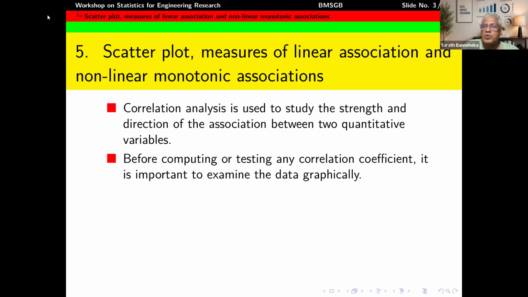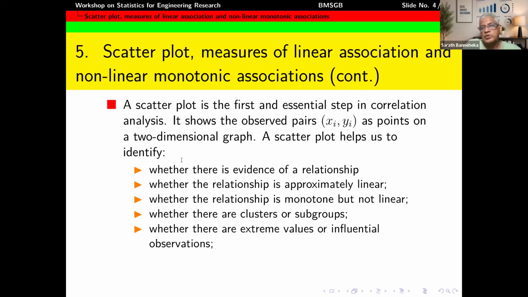So, what is the most suitable graphical method to explore the relationship between two variables? The scatter plot is the most suitable graphical technique to explore the relationship between two numerical variables.